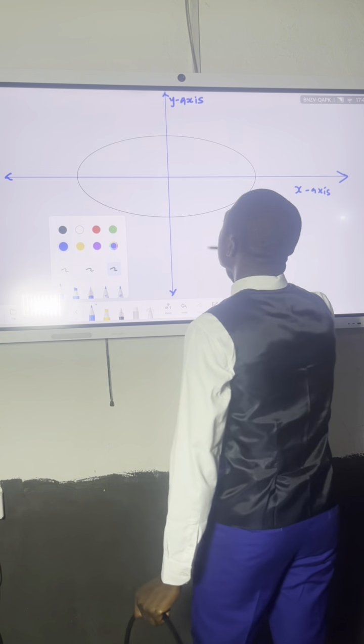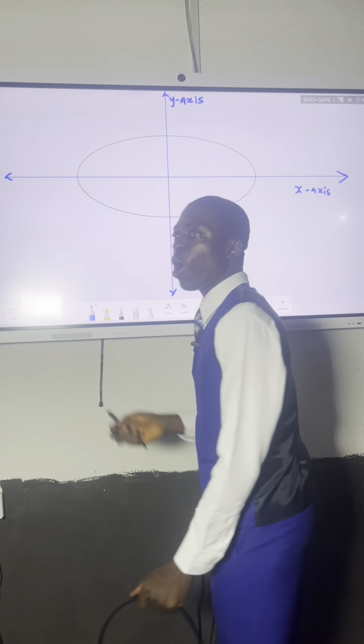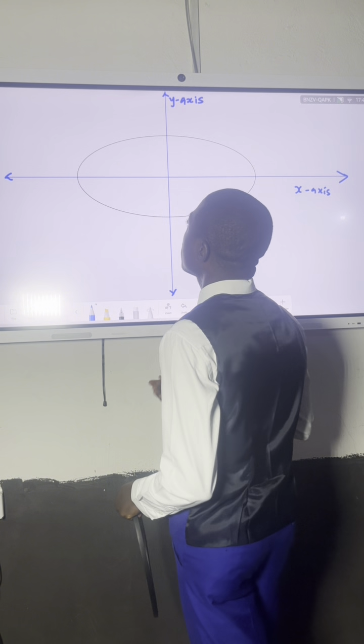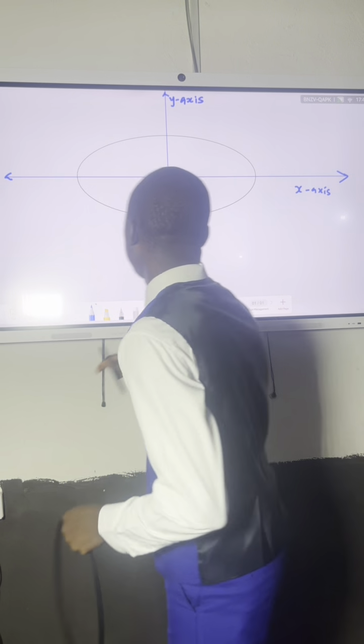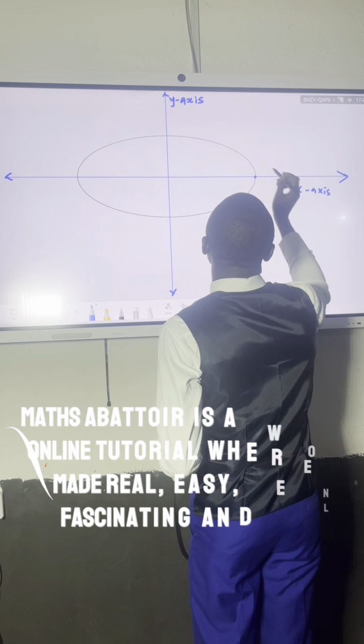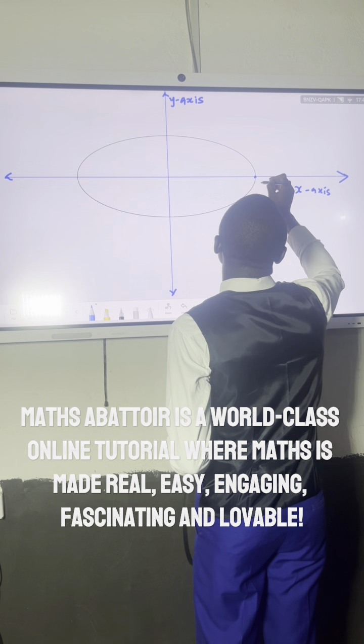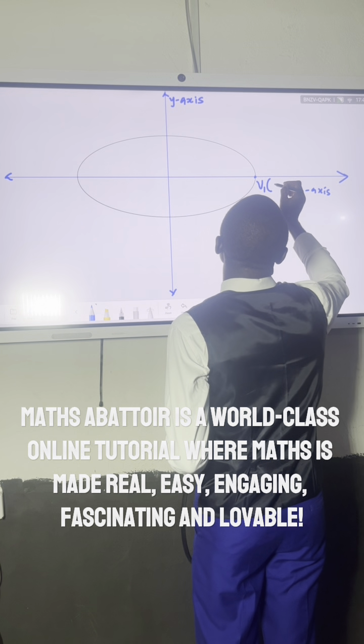Before we solve that question, an ellipse has 4 vertices and 2 foci. What do I mean by that? This end point here is a vertex. Let's call it V1.